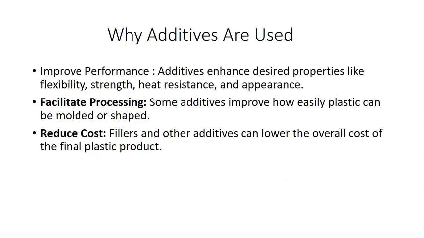To improve the performance of the material, such as flexibility, strength, heat resistance, and appearance. Some additives improve how easily the plastics can be molded or reshaped, facilitating easy processing. The last one is reducing cost: fillers and other additives can lower the overall cost of the final plastic product.